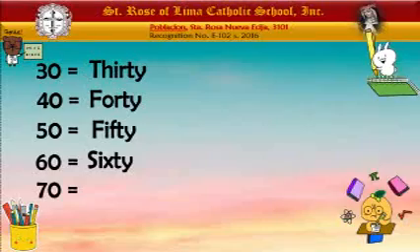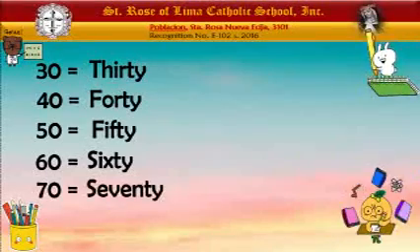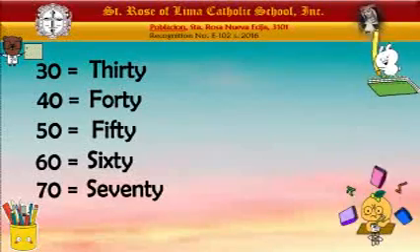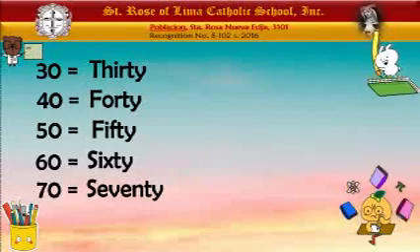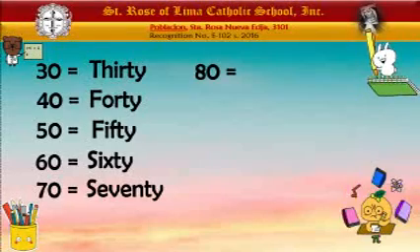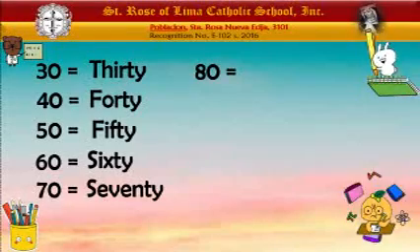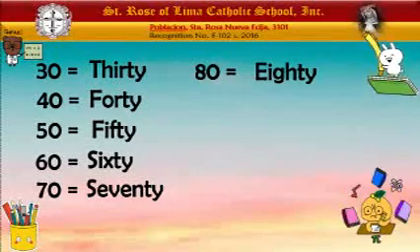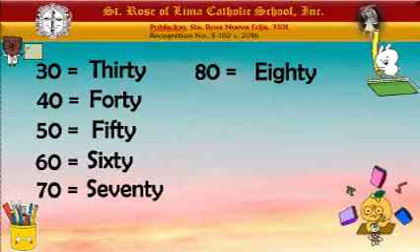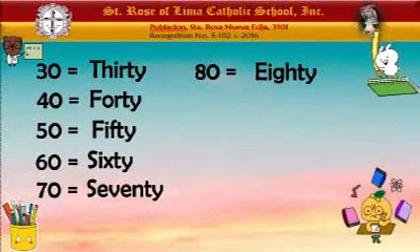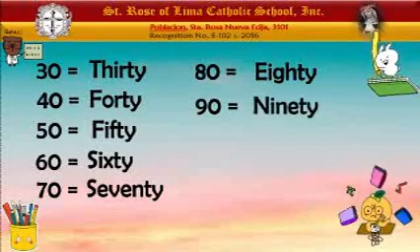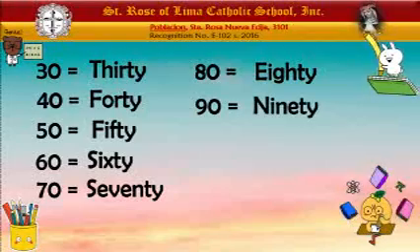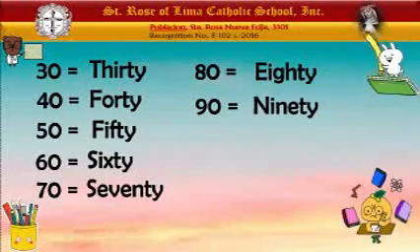Next, the spelling of number 70 is seventy. Next, we have number 80, eighty. Next one, 90, ninety.